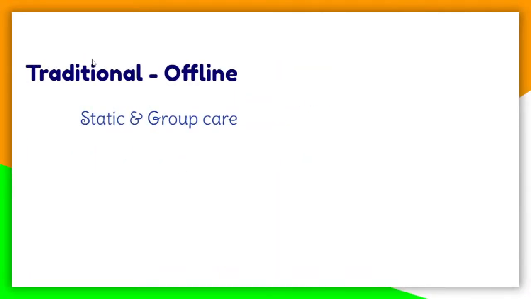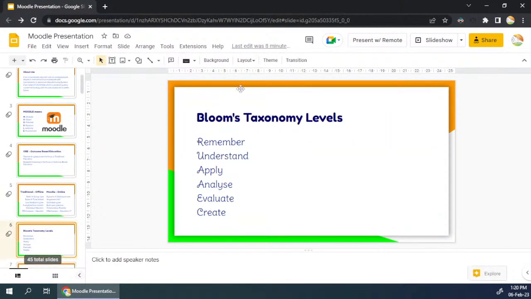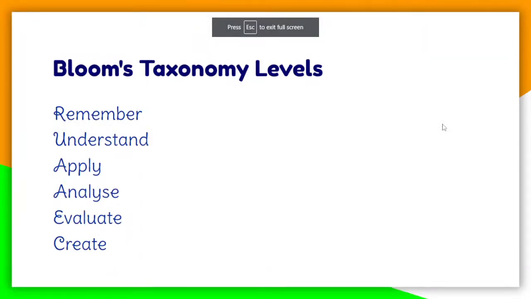Next, let me just quickly go through Bloom's taxonomy levels. This is the next thing we'll be using a lot. So Bloom was a scientist from the West, and he did detailed research on knowledge and how it needs to be transferred to the students, and he found some taxonomy levels, and these taxonomy levels we'll be using again and again.